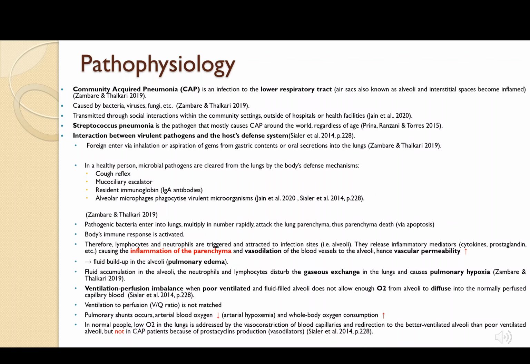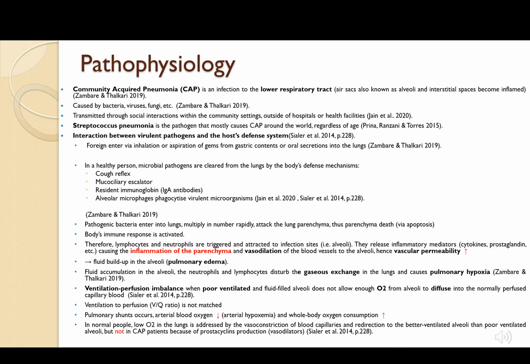pulmonary edema. The fluid accumulation in the alveoli, and the neutrophils and lymphocytes, disturb the gaseous exchange in the lungs and cause pulmonary hypoxia, that is, a decrease in oxygen in the lungs. The ventilation-perfusion imbalance occurs when alveoli are poorly ventilated or non-ventilated, because the fluid-filled alveoli do not allow enough oxygen to diffuse into the normally perfused capillary blood.